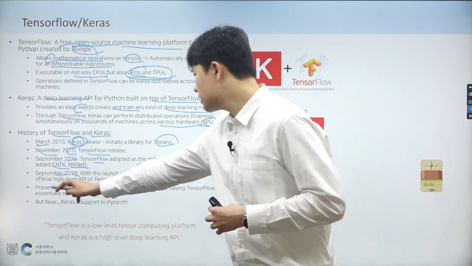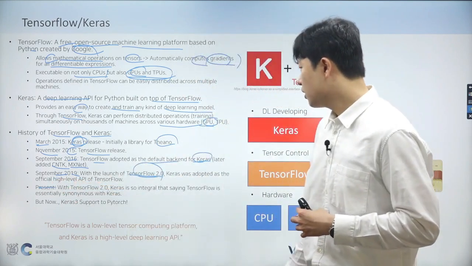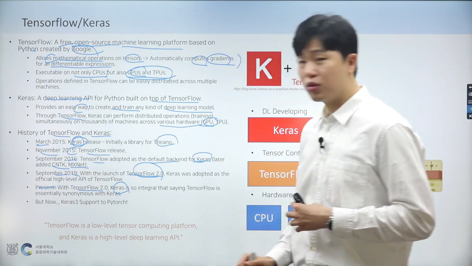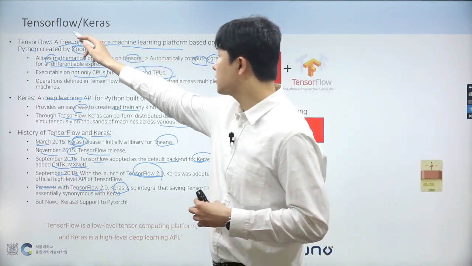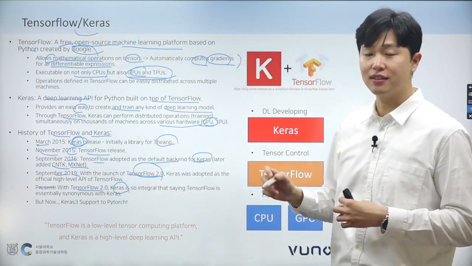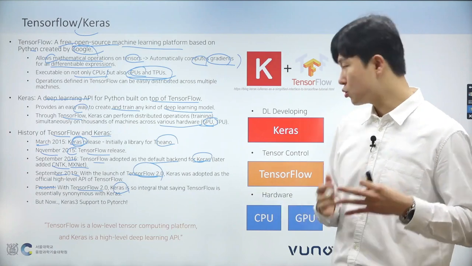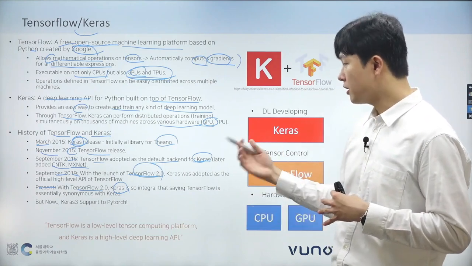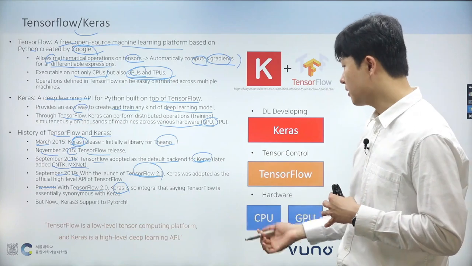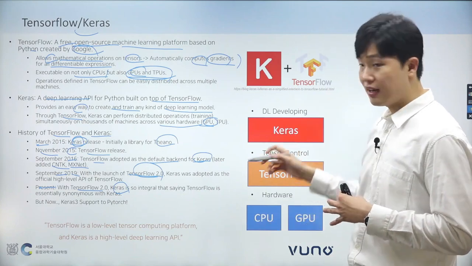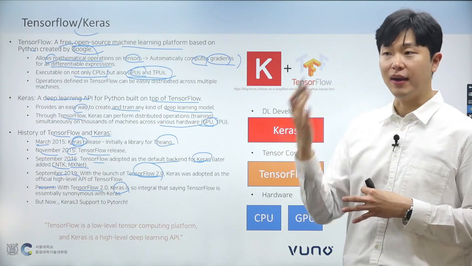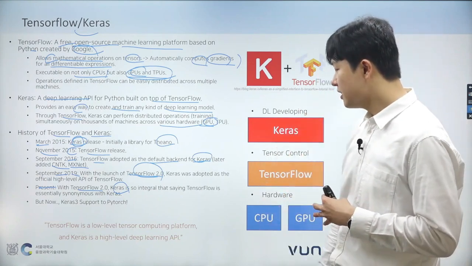So now, with TensorFlow 2.0, Keras is so integral that saying TensorFlow is essentially synonymous with Keras. So, these two, which started as distinct entities, combined into one. The integration of Keras into TensorFlow mirrors other technological collaborations that enhance functionality, such as the combination of Apache Spark and Hadoop in the big data ecosystem.